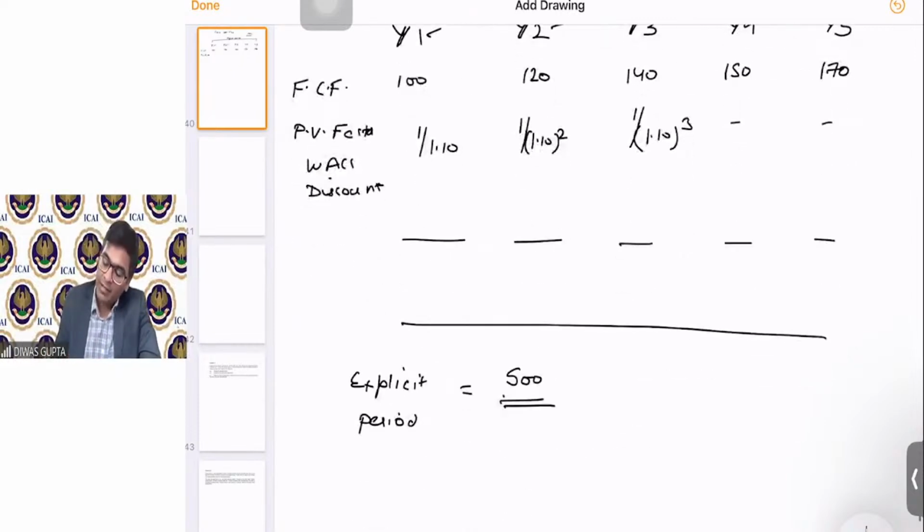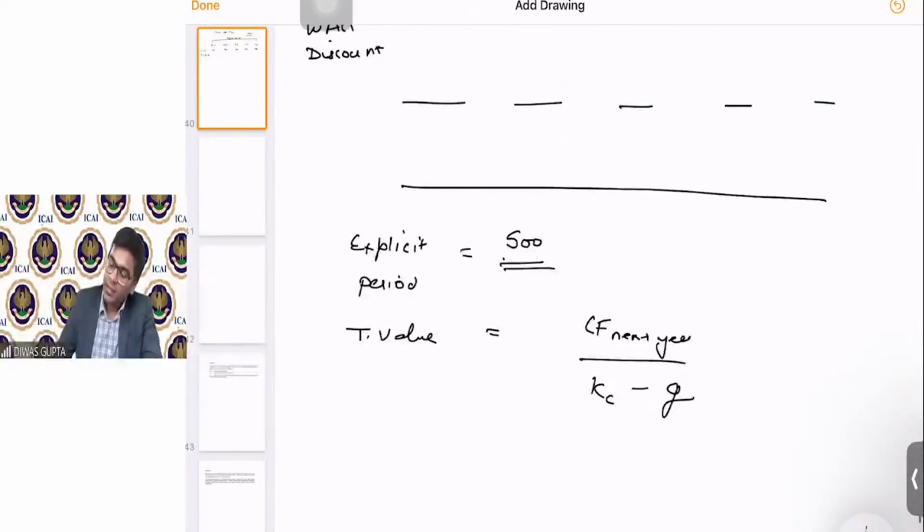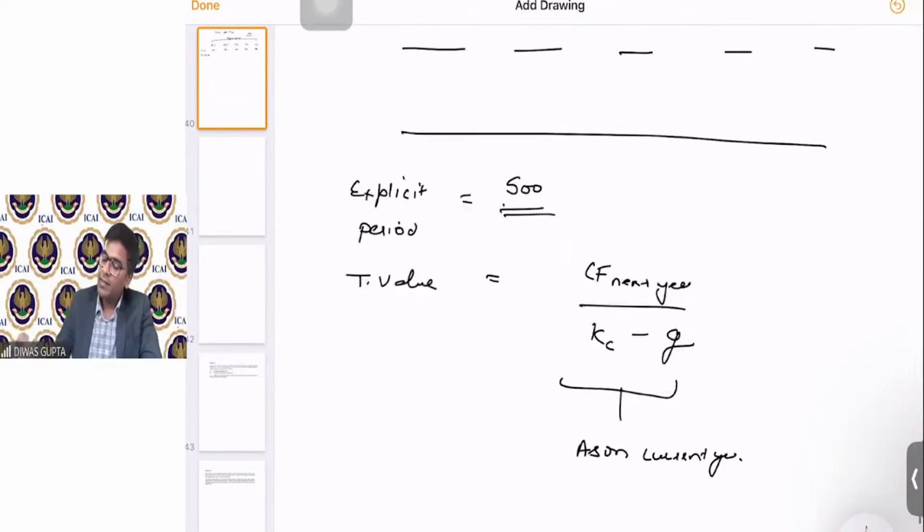Similarly, for terminal value, we use this formula, which is the cash flow of next year end divided by cost of capital minus growth. This will give us the terminal value as on current year. Let me explain.